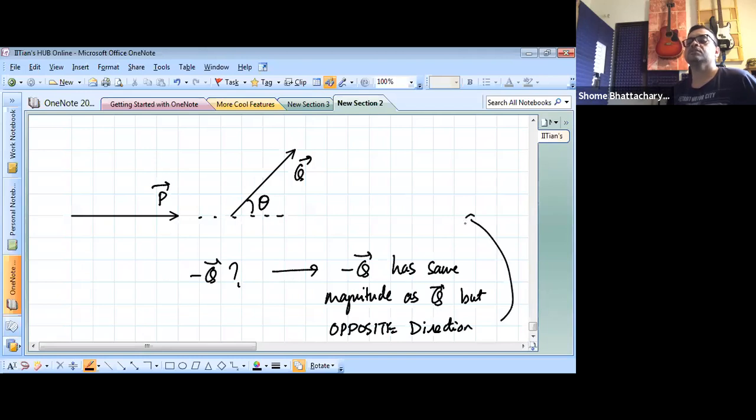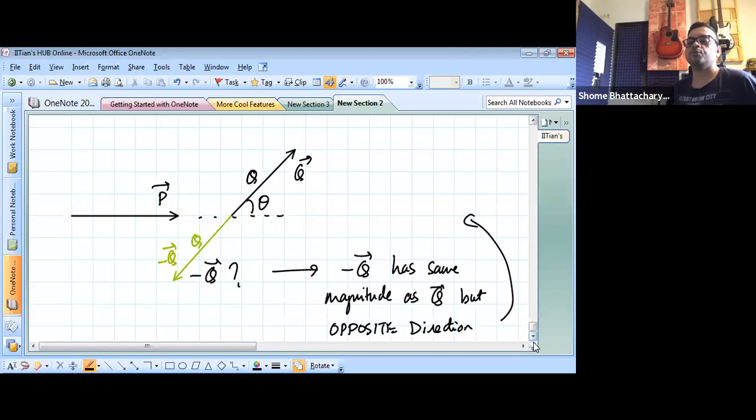That means the vector minus Q will be a vector like this. It has opposite direction but same magnitude. This will be the vector minus Q.